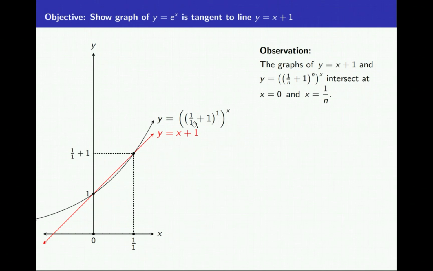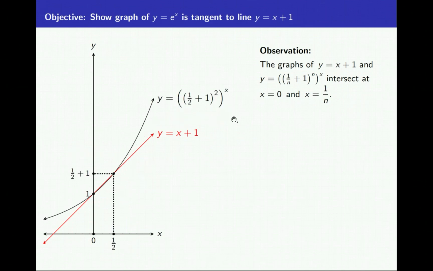What I want to do now is think about what would happen if you change the n here from a 1 to a 2. This base would change to 1 over 2 plus 1 to the power of 2. And that's raised to the power of x. Let's look at that. Here we go. It looks like this.